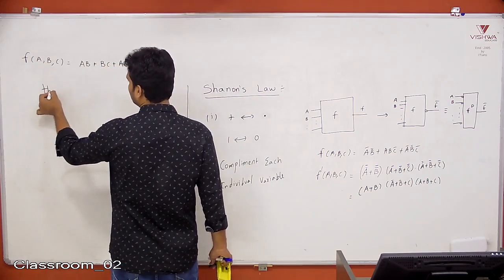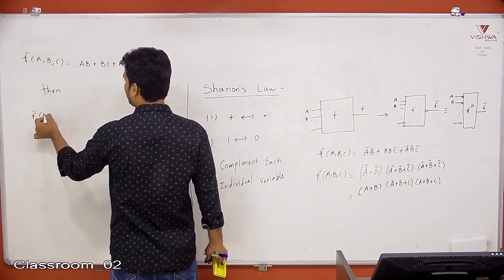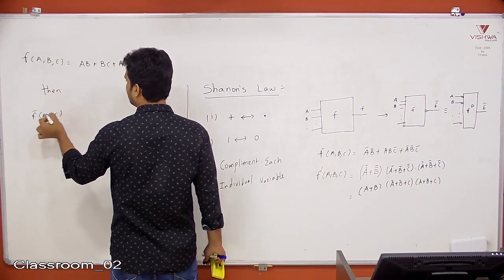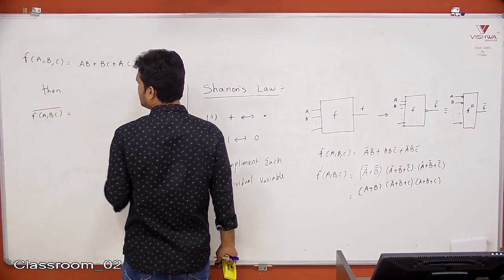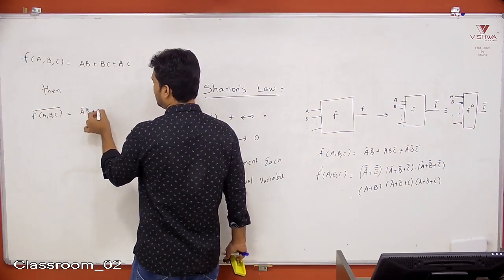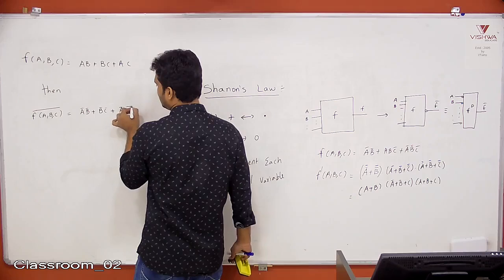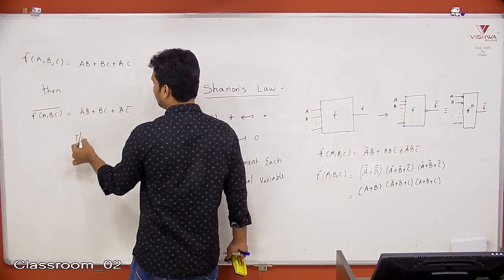Then what is f bar of ABC? Then f bar of ABC equal to, write down this, A bar B bar plus B bar C bar plus A bar C bar. True or false?